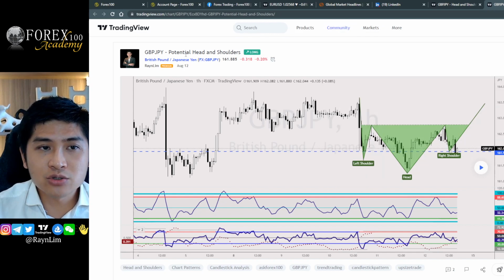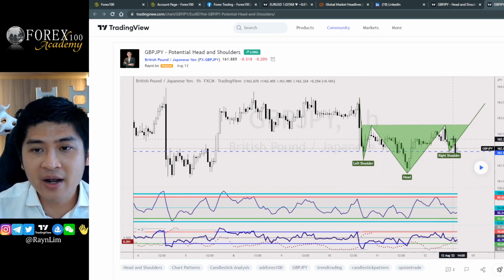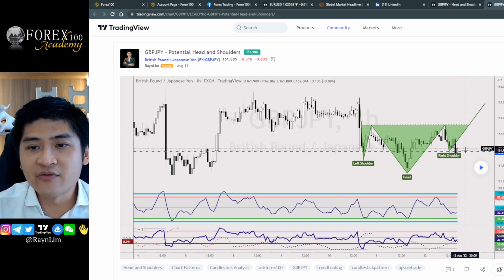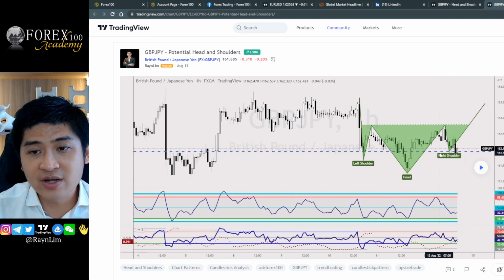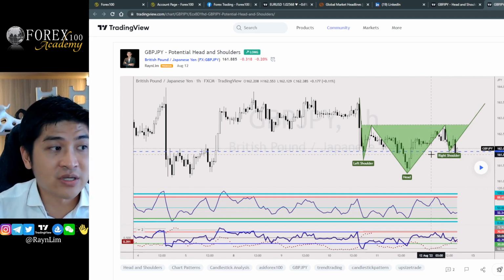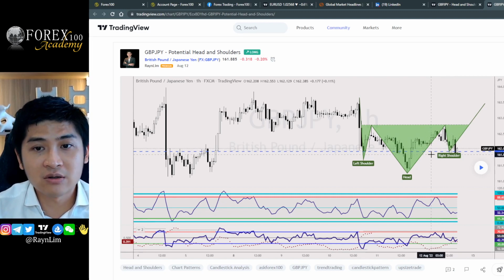And surely enough, you can see hours later I engaged over here, market went back up, gained 40, 50, 60 pips thereabout, and it reversed. However, it still respected this support level over here. Okay, so cool stuff, correct?